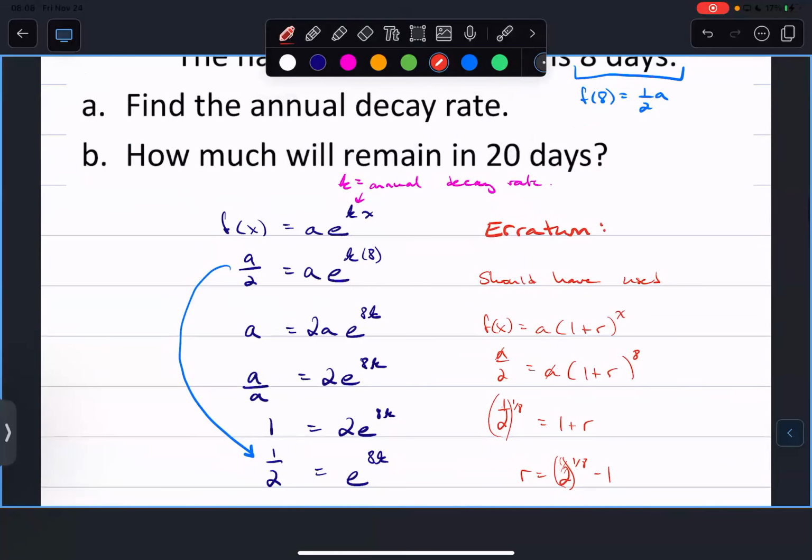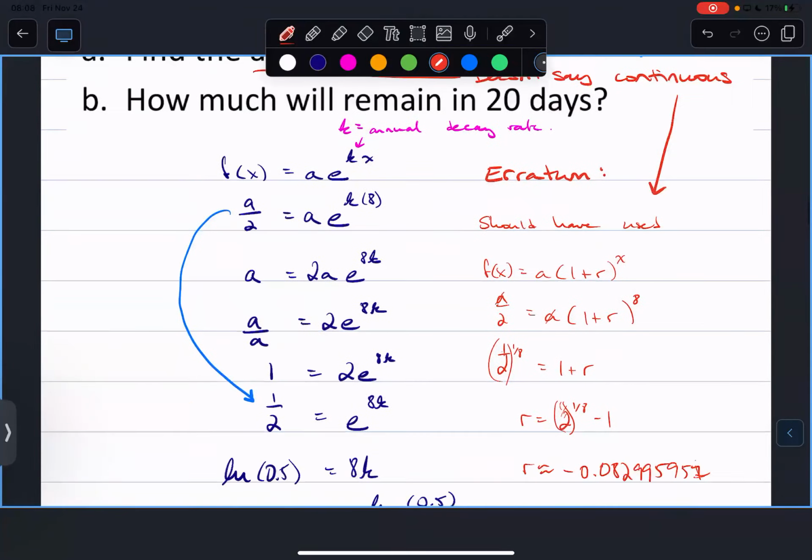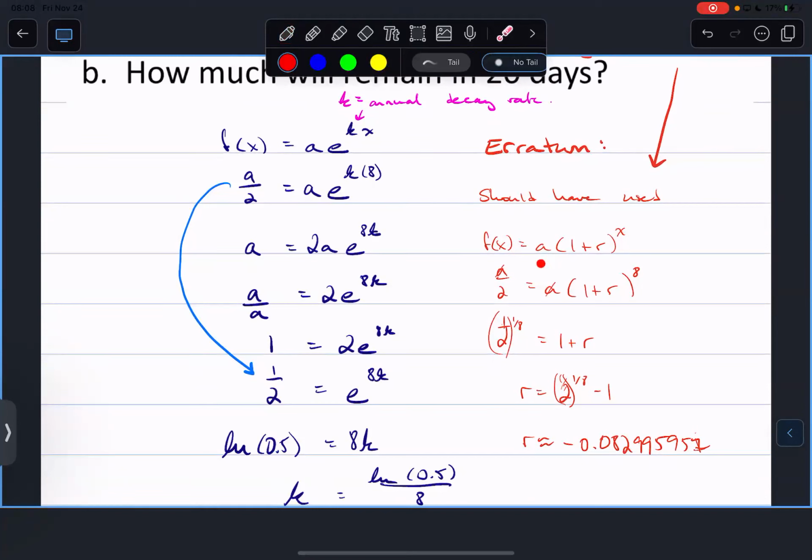And I'll re-upload the notes. It doesn't say continuous. So we should have used f of x is a times 1 plus r to the x to solve for r.